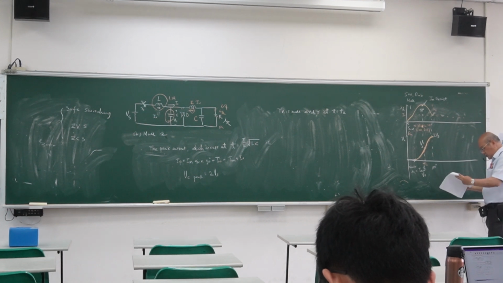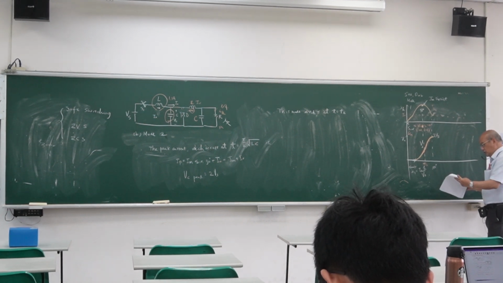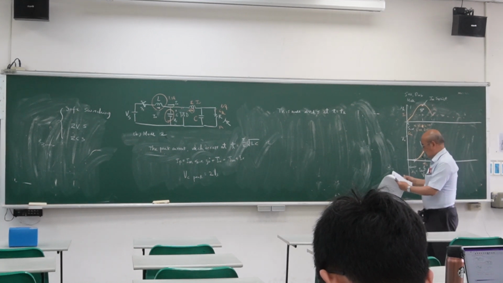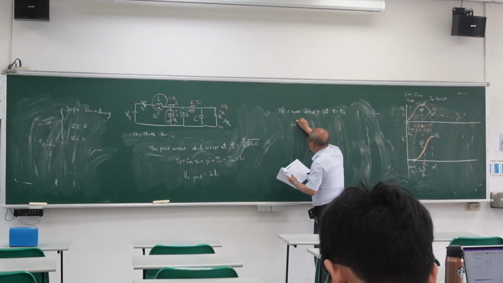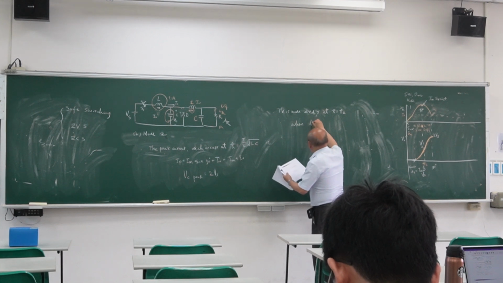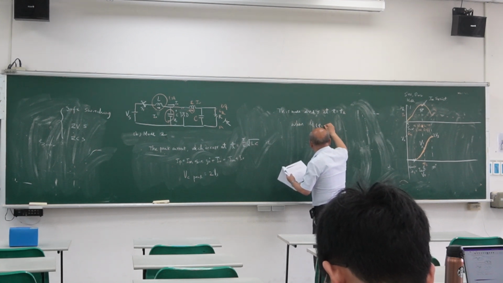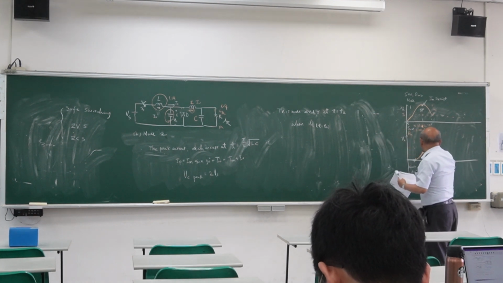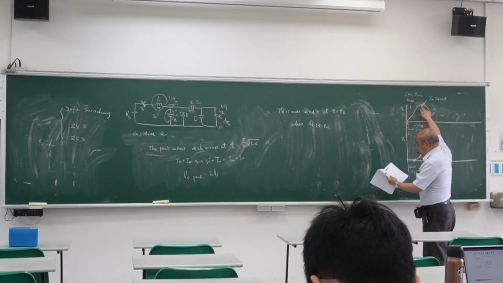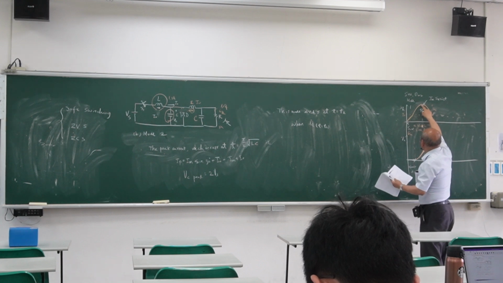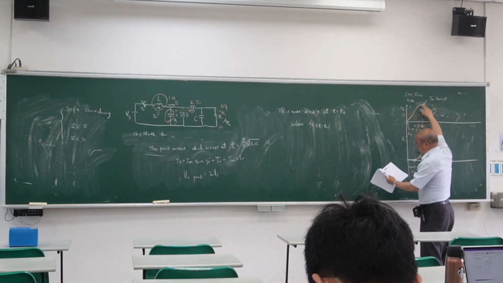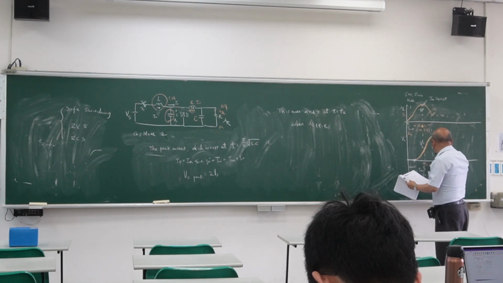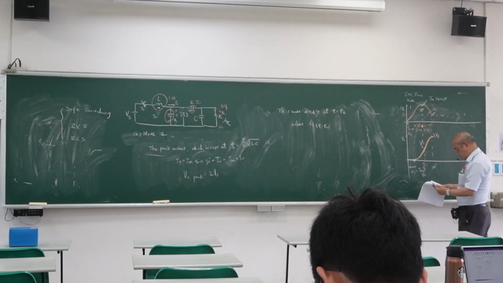So then we want to find the t2. When IL, t equal to t2, so t2 is this point. So t2 is this point. Let me check.